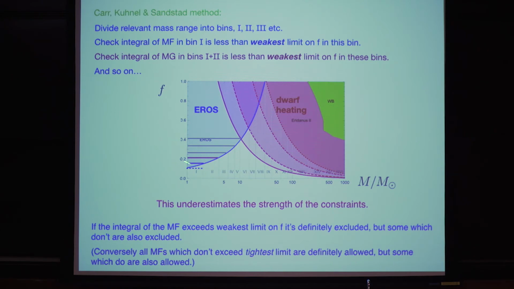If your integrated mass function exceeds this weakest limit, it's very definitely ruled out. If it doesn't exceed the lowest value, it's very definitely allowed, but anything that falls in this gap may or may not be allowed. So their way of doing this was underestimating the strength of the constraints. So they managed to find extended mass functions which they thought were compatible with both constraints, but in fact weren't.